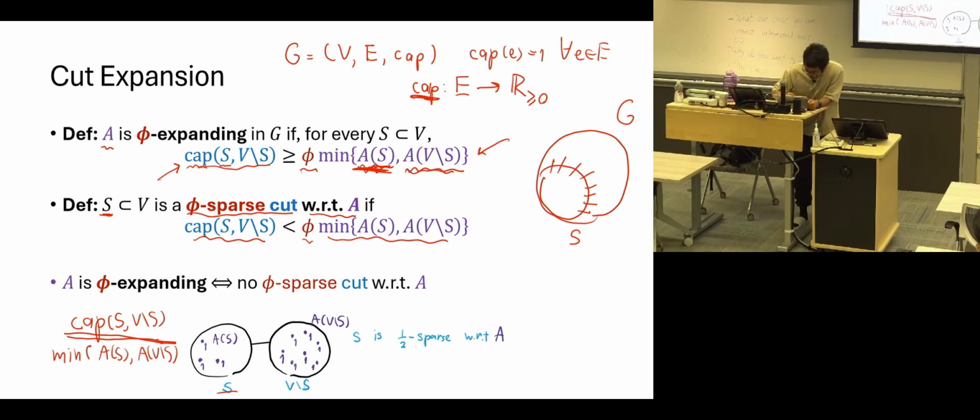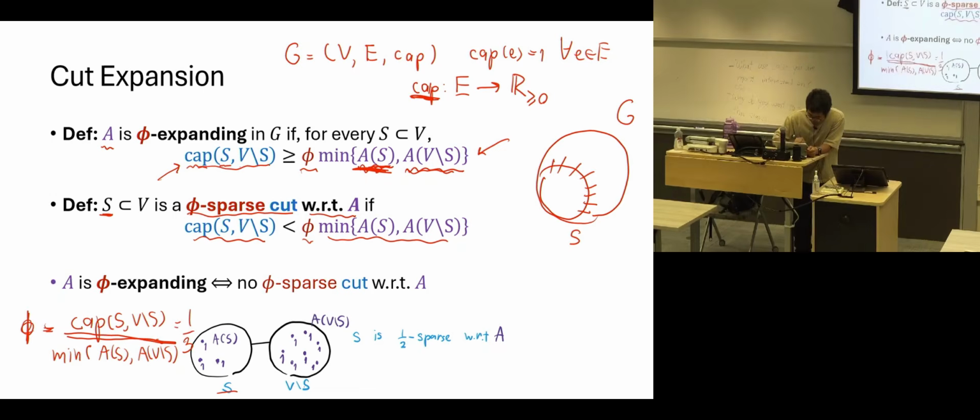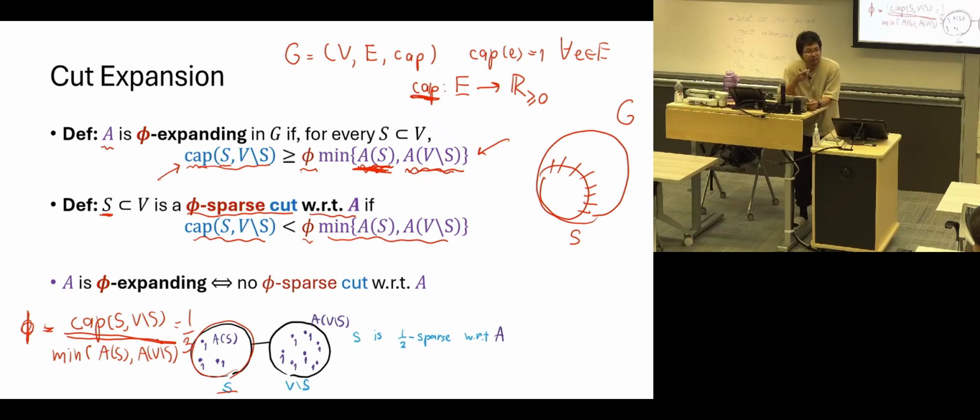So this is like 1 here, and this is like 3. So basically this is a 1/3 sparse cut.